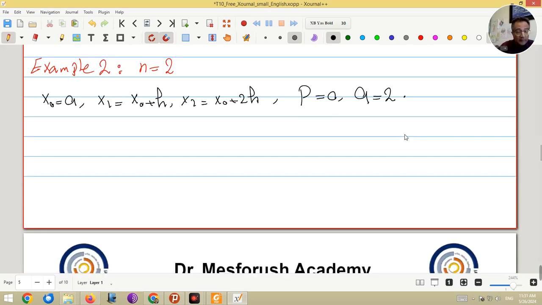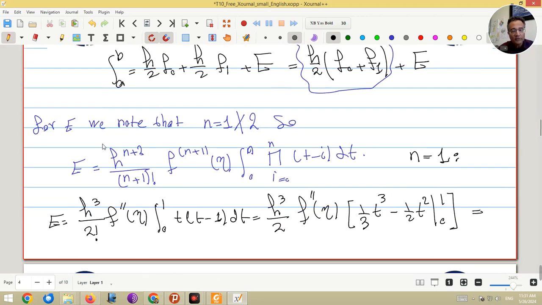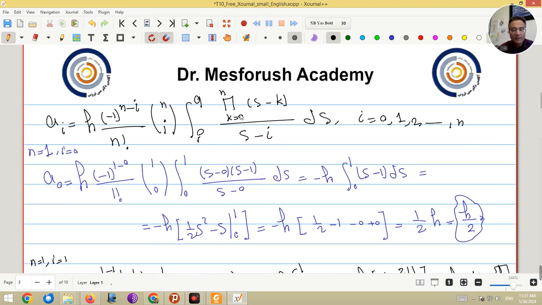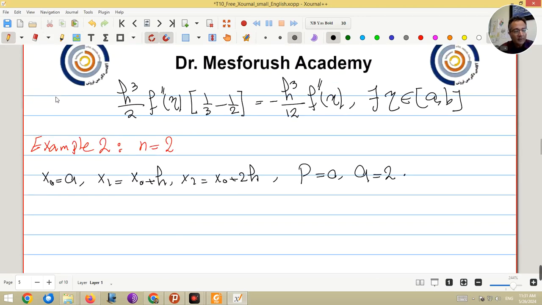Now, let me compute the a_i's. Okay, let me write one more time the formula here. The formula is something like this. Yeah, let me rewrite it again.